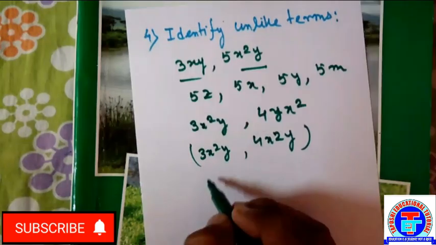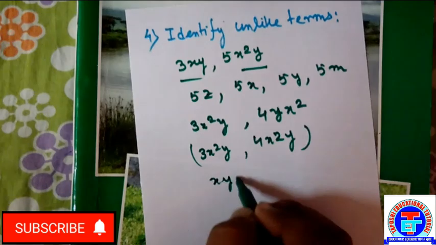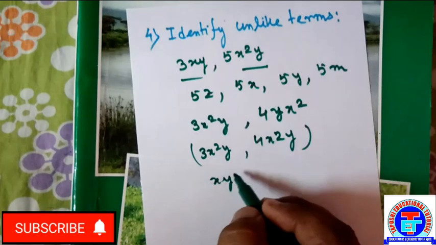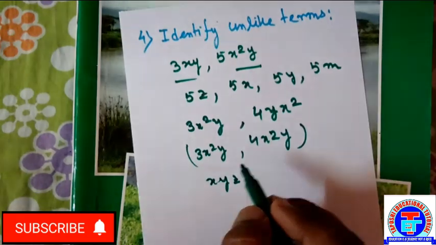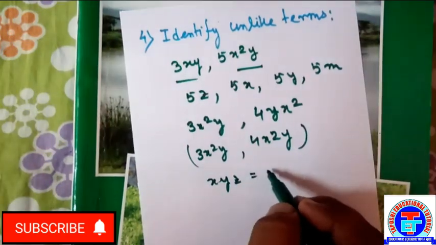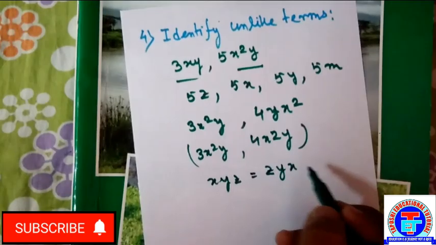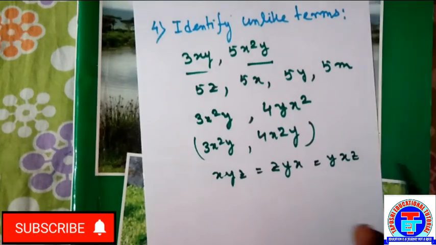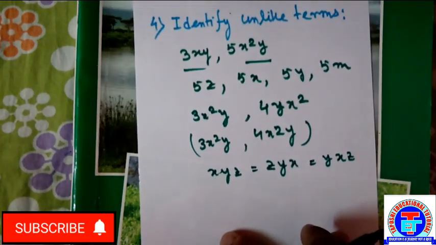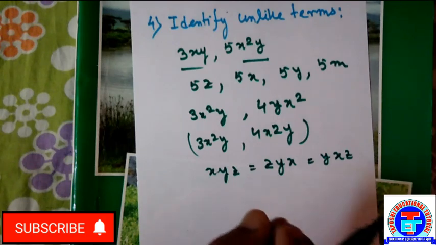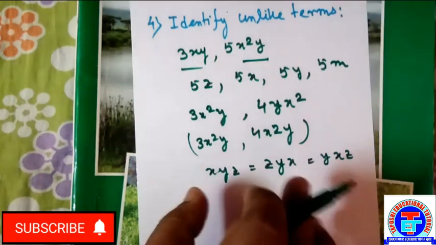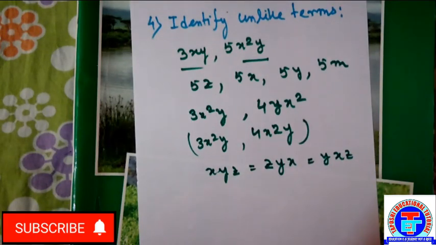In case x, y, z are connected by multiplication, then we can also write z, y, x, or y, x, z, right? But remember, when they are in multiplication, then we write it this way. I hope you understand.